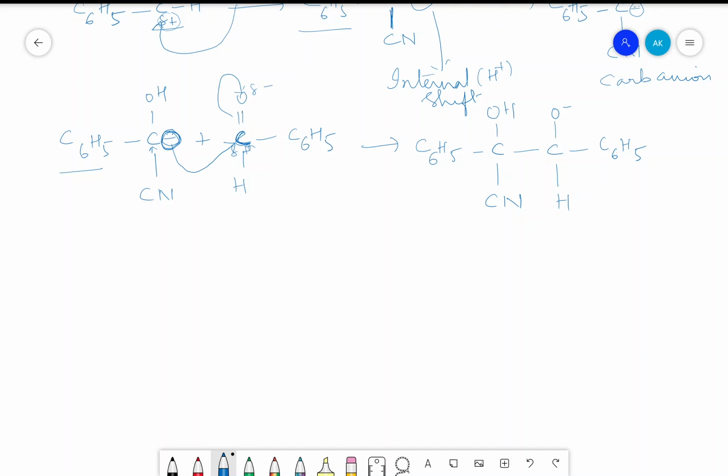How are we going to get it? We have to remove the CN from here. In order to remove the CN, there is going to be another internal proton shift.